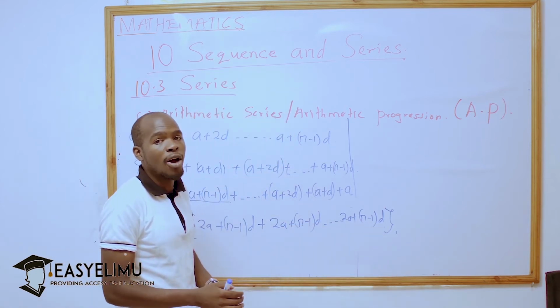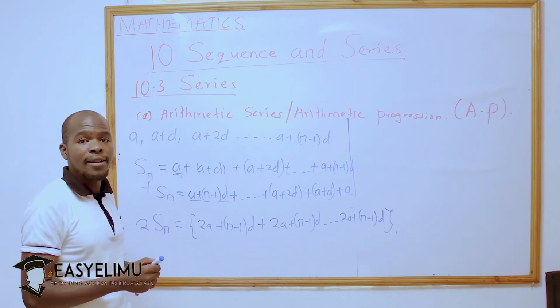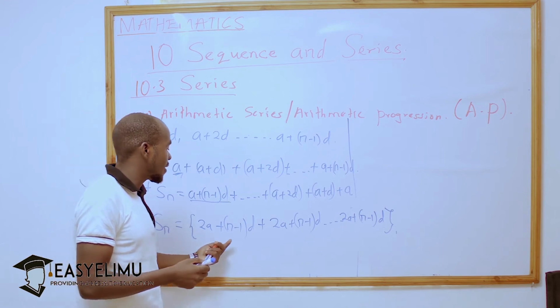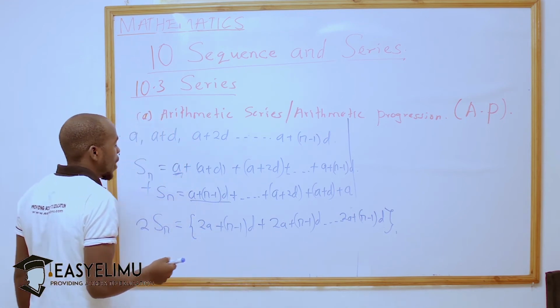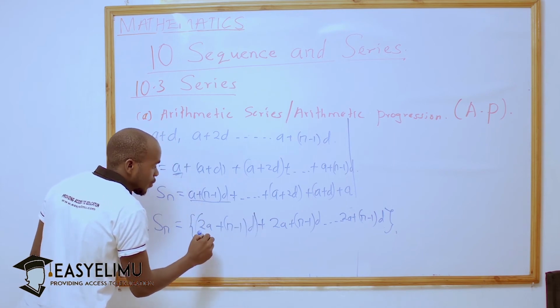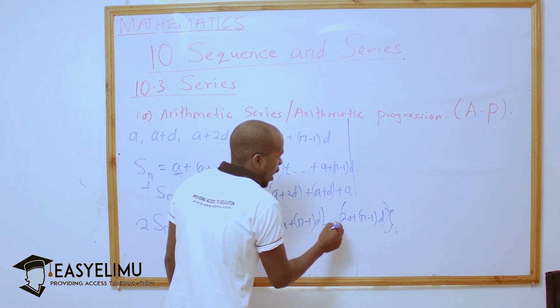So we can factor out one of them, and we shall find that if we have n terms in this series, then we shall end up having two terms added together that way as we move on.